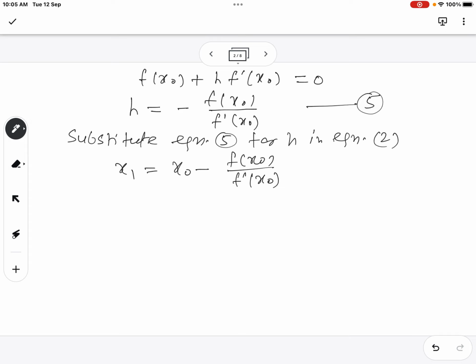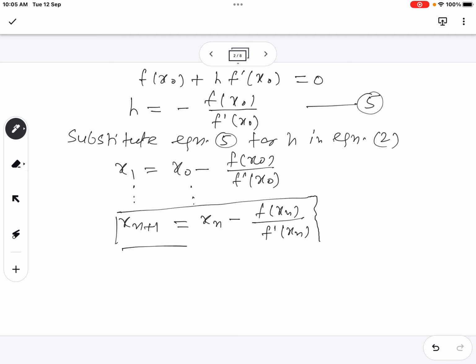So this is my approximation x1. Then I can find similarly the next approximation and so on. So the n plus 1th approximation will be xn minus f at xn divided by derivative of f at xn, and this is the Newton-Raphson formula.